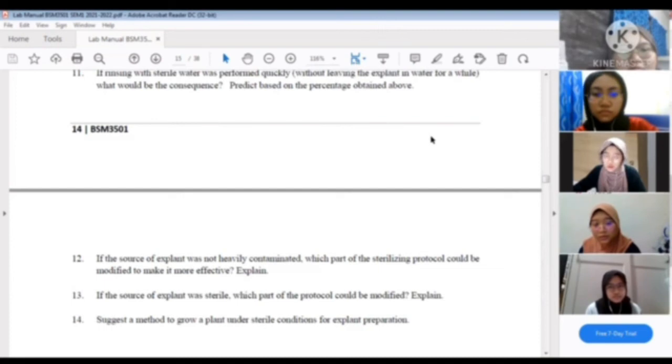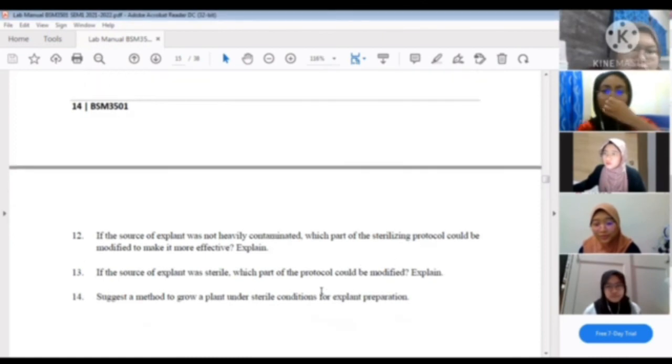Okay. So the last number suggests a method to grow a plant under sterile condition for explant preparation. So anyone want to answer? I think the method that's suitable is plant tissue culture, where it can be done under sterile conditions in a nutrient medium.